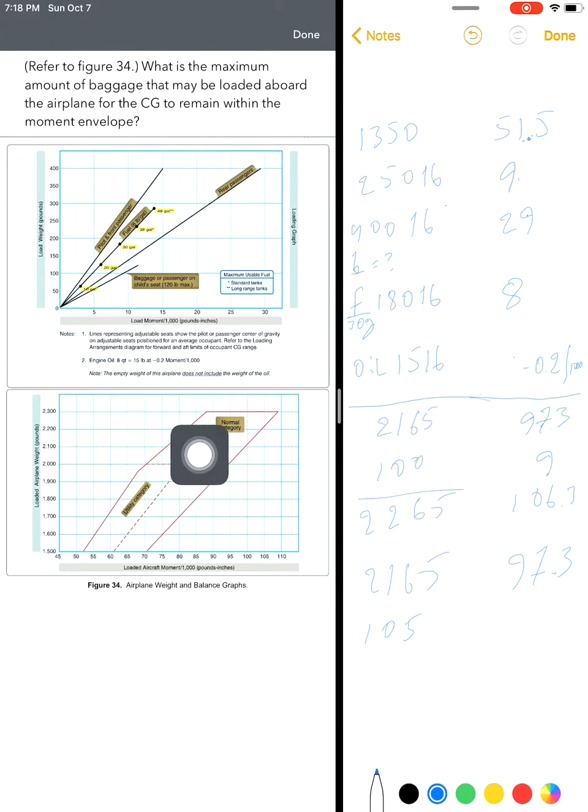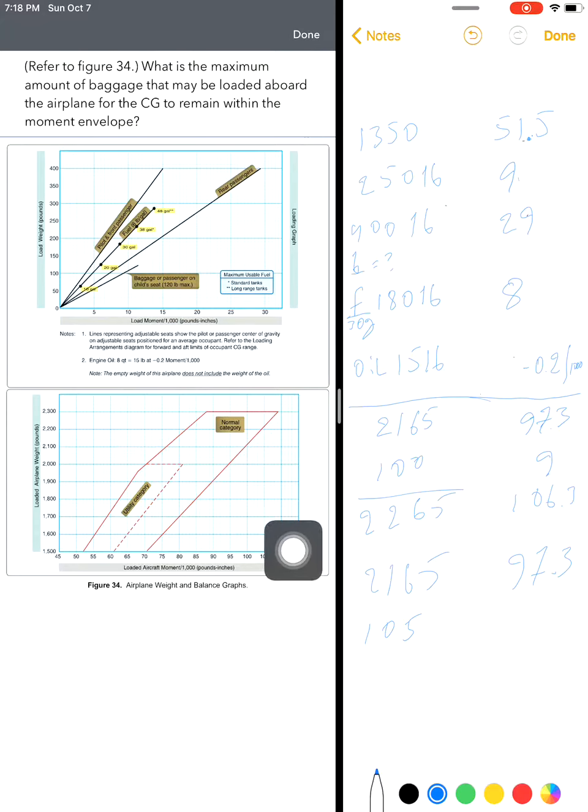We don't have the exact calculation, we don't have exact measurement that comes down, but I'm just trying to show you the general way how you're gonna do it. So it looked like it was right in this corner of this envelope.